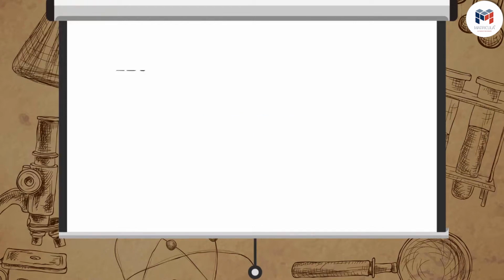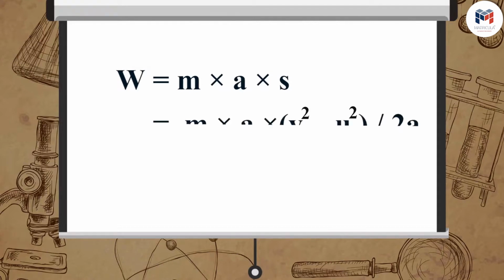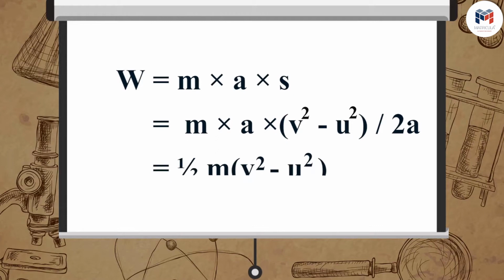Now, work done can be written as W is equal to m multiplied by a multiplied by s, which is equal to m multiplied by a multiplied by v square minus u square the whole upon 2a, which is equal to 1 upon 2m multiplied by v square minus u square.